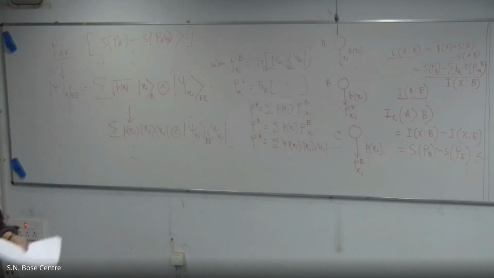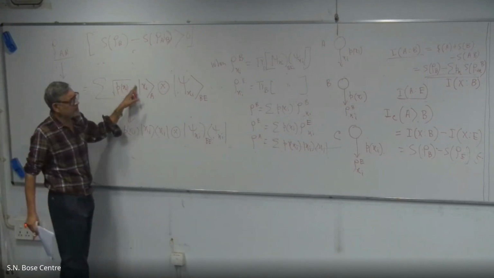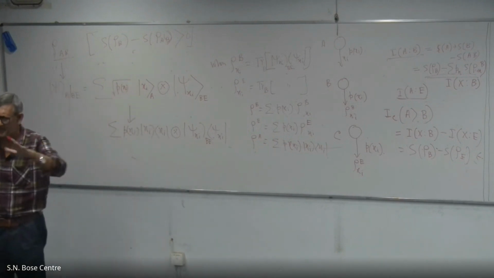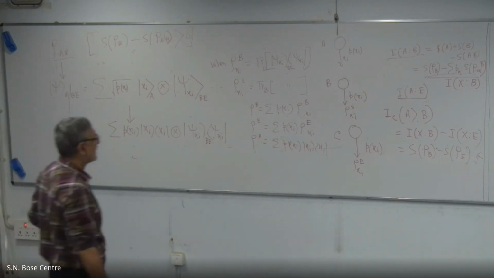Of course, it also has a meaning for the single-step case: the classical information about the state that can be achieved is given by this. Here X is the variable. Sometimes I write X, sometimes I write xi, so there may be some confusion. I could write it as xi.